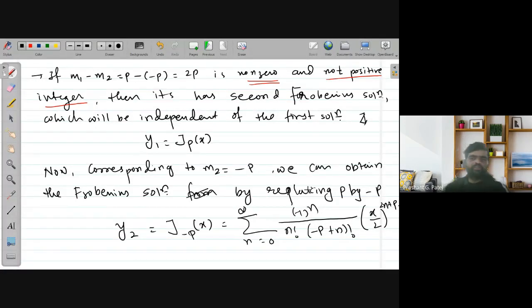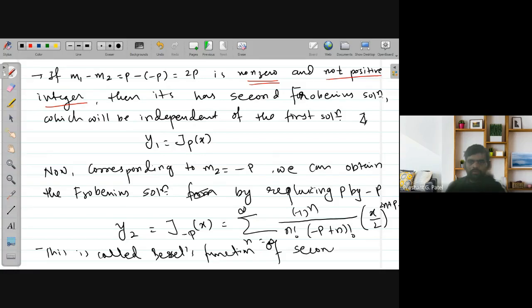This is the second solution we get. This is called the Bessel's function of the second kind.